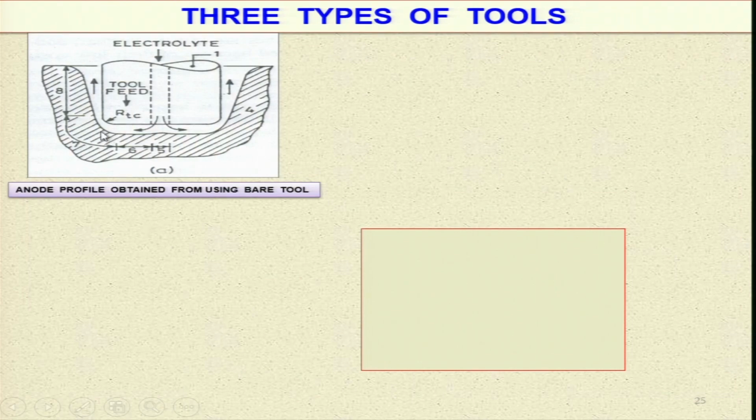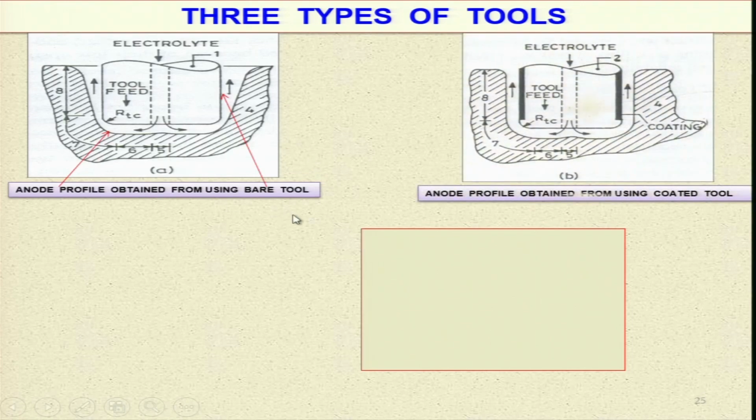You can see here, this is the bare tool. This is the anode profile obtained using a bare tool, and you can see there is no coating over there, and you get the tapered side of the machined component. And if you see here, coating is there on this particular tool, so that there is no side flow of current, as was taking place over here and removing additional material.